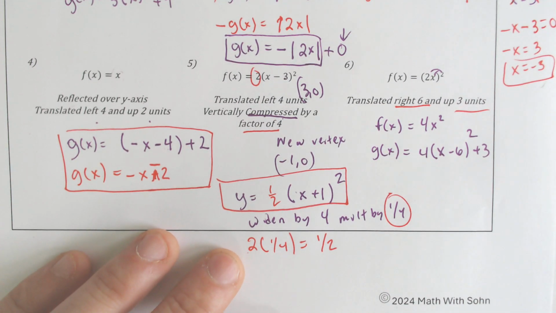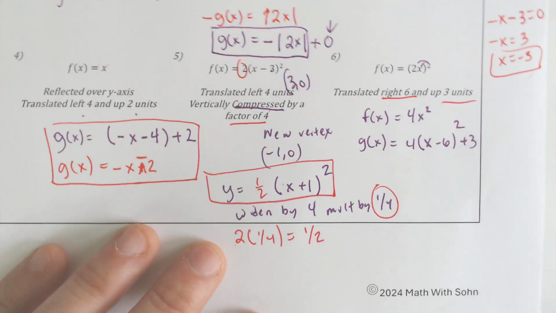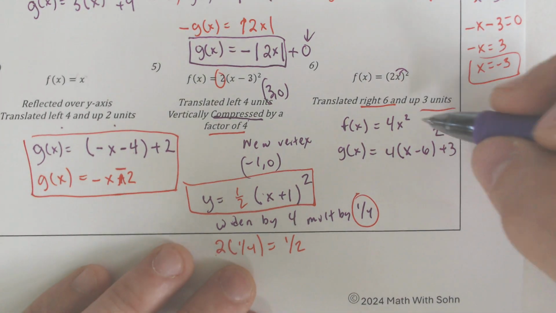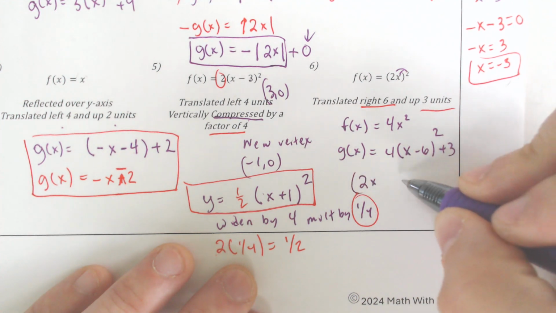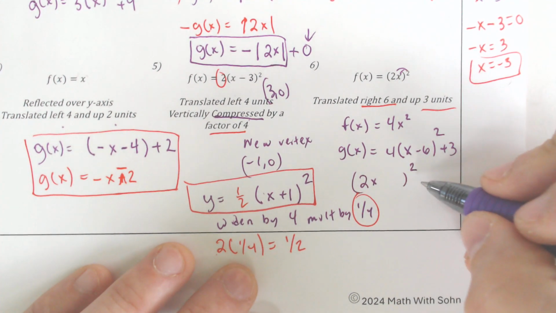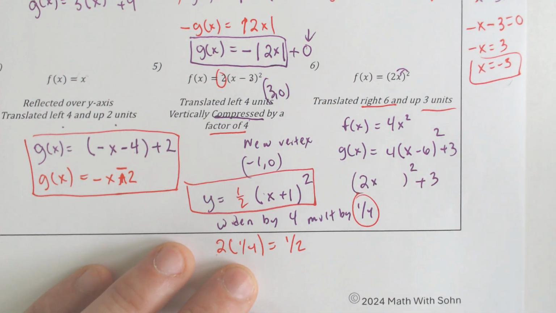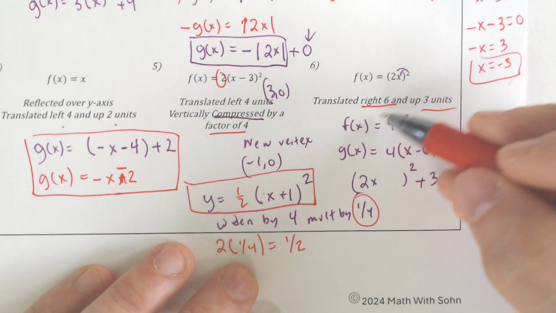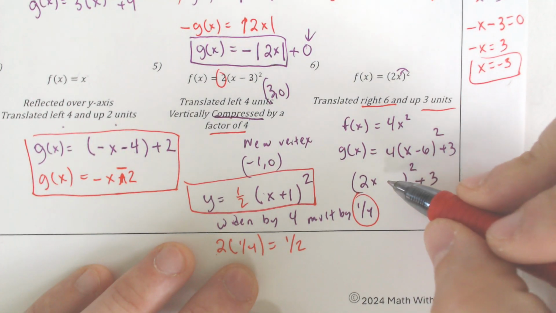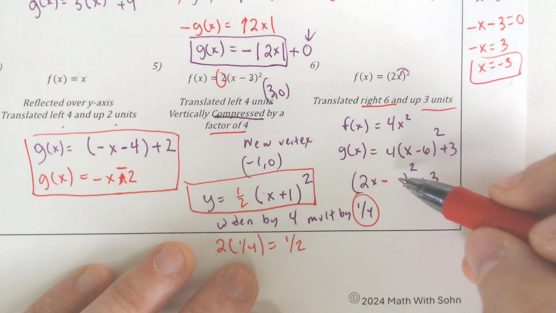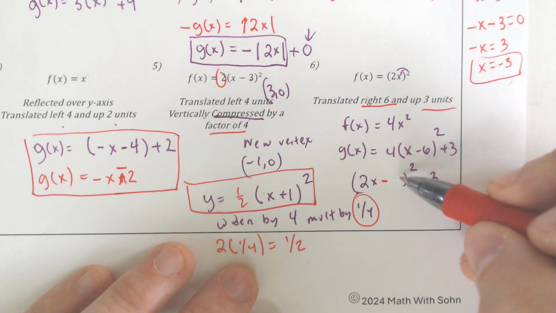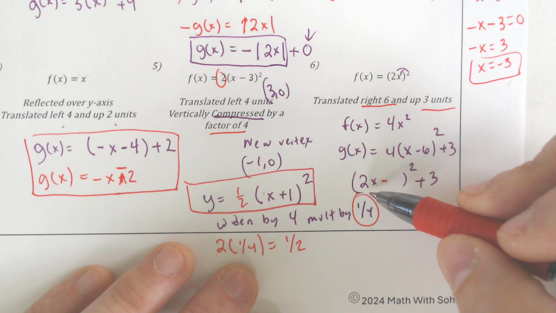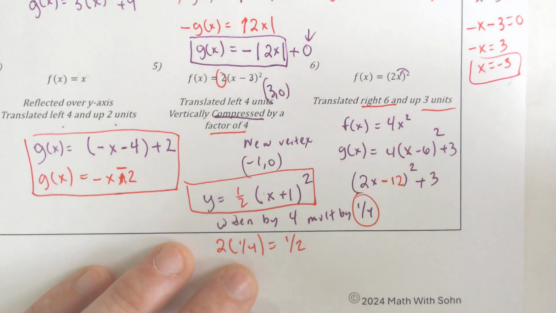Okay? Not the only version of the answer. The other way we could deal with it is if you were to take the original, which would be 2x, and you have the squared there. You could still put the plus 3 on the outside, but if we want this to be to the right by 6, then we need to change the sign, but we need to be very careful because what we put here needs to be to the right by 6, and we need to put a number here that when we divide by 2 would be to the right by 6, which would make that a 12.